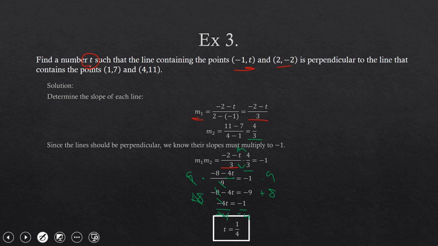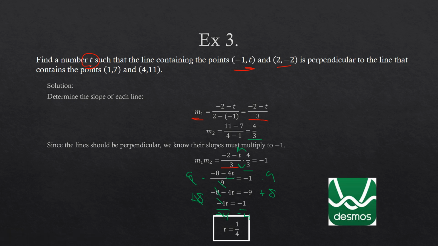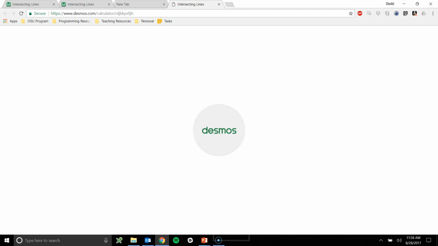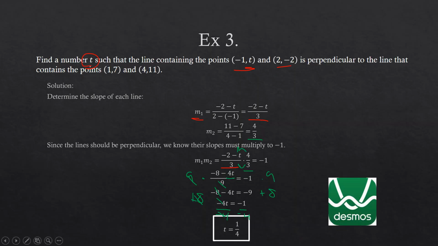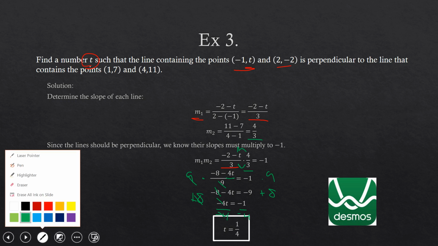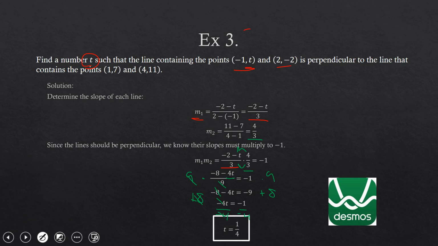And let's go ahead and check that that is true using handy-dandy Desmos. Here are our intersecting lines for this one. So we want a line through (-1, 1/4) and (2, -2). So there's our first line, and the other line is (1, 7), (4, 11).